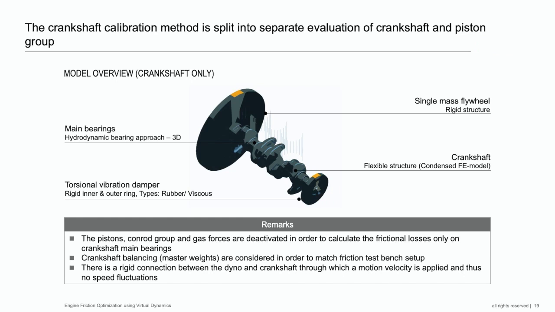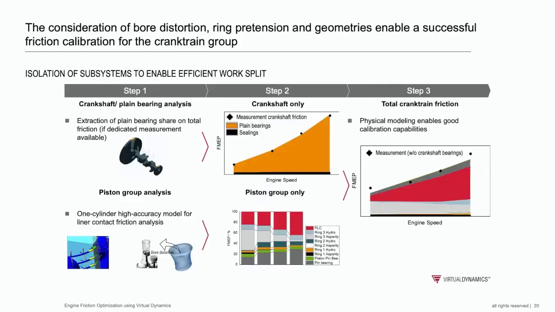These components can start fluttering and increase the bending on your crankshaft at high engine speeds, and therefore it's also considered that the crankshaft is modeled as a flexible structure. Using this very simple simulation model, it is possible to match the relevant friction parameters so that you can achieve a very good correlation to the necessary measurement of friction.